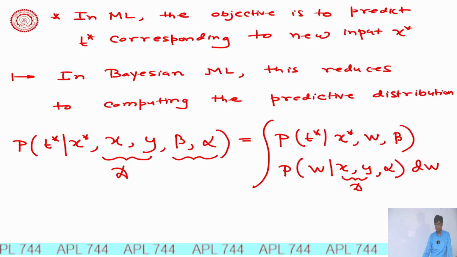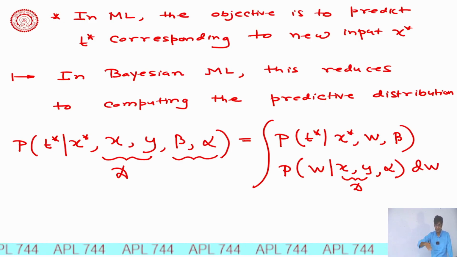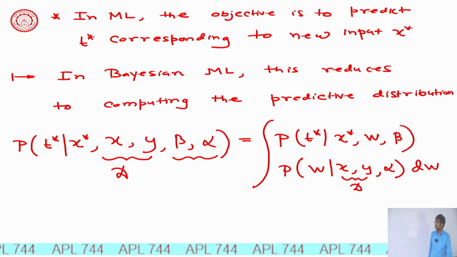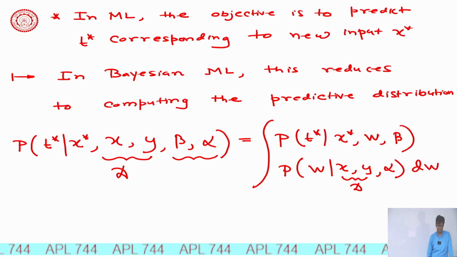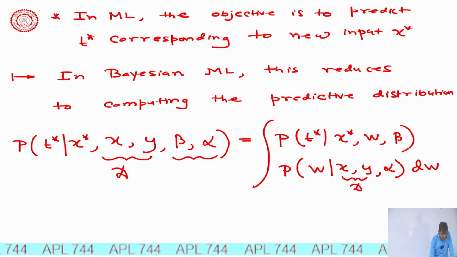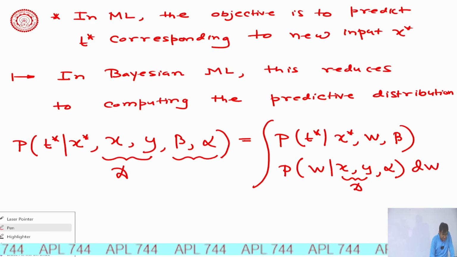What is the distribution? I cannot work with P, I have to have some distribution. So what is probability of T star given X star comma W comma beta? What is the distribution? Normal, right?